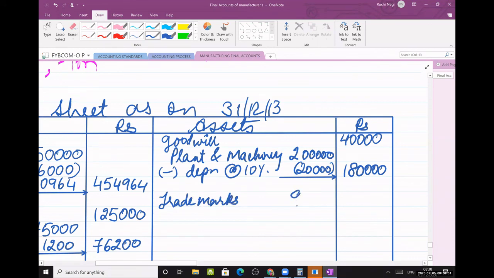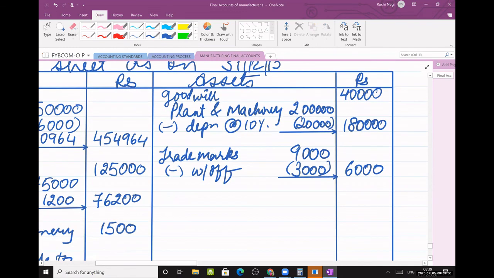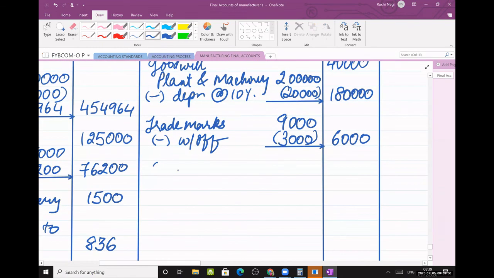Trademarks was how much? 9,000, less write-off was mentioned. Second effect, that is depreciation. Outer column 6,000. Okay, then cash at bank 37,000. Debtors.